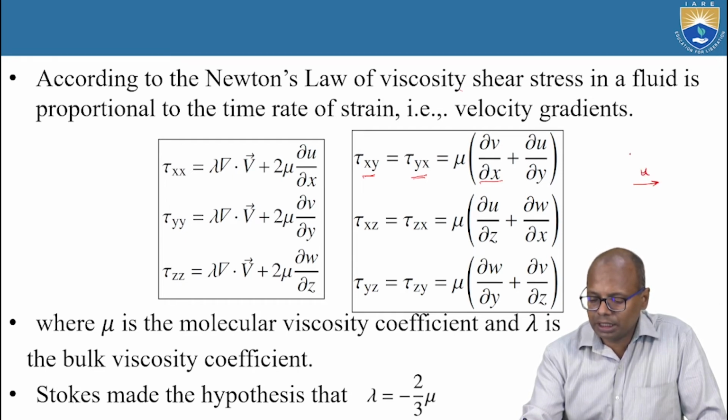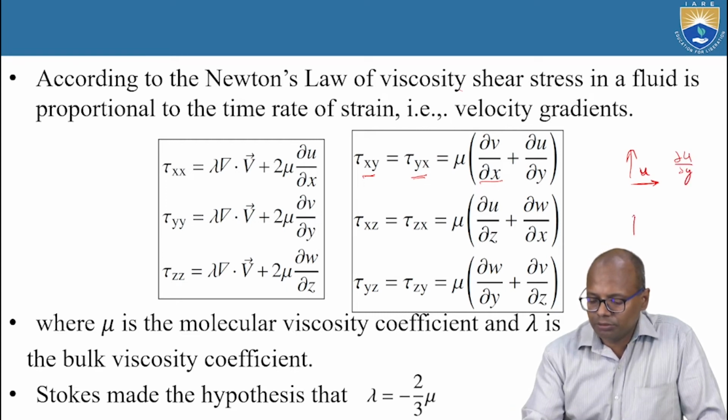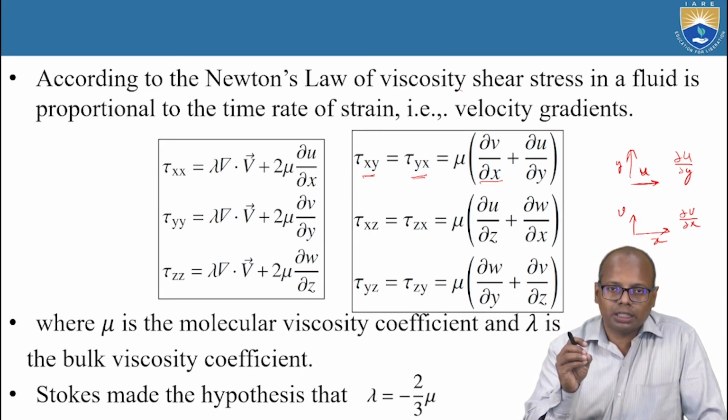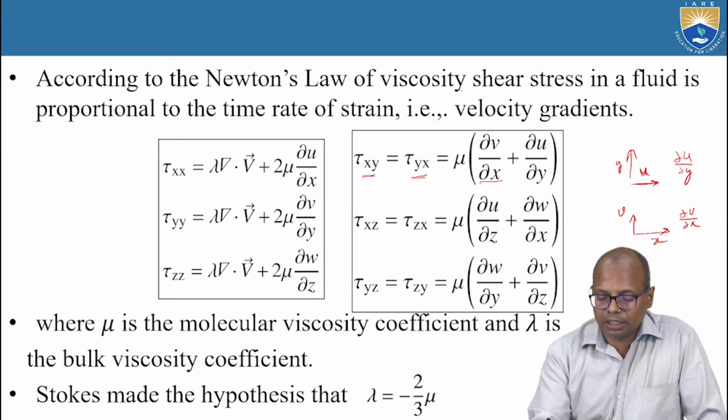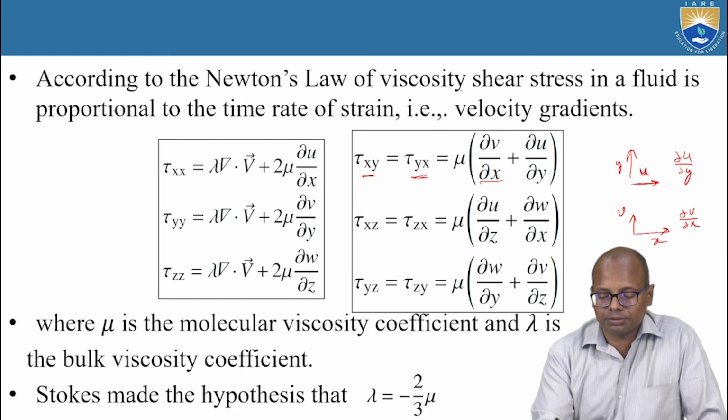How is u varying in y direction? It is dou u by dou y. Similarly, how is the v velocity changing in x direction? It is dou v by dou x. So the u velocity changing in y direction and the v velocity changing in x direction give us the shear stress xy and shear stress yx.